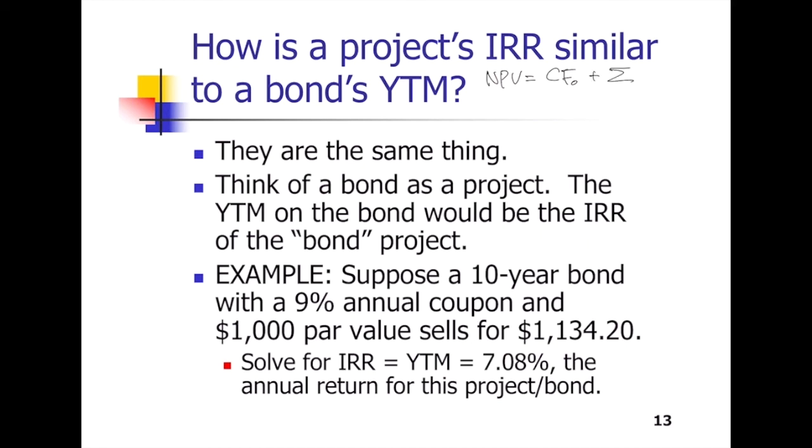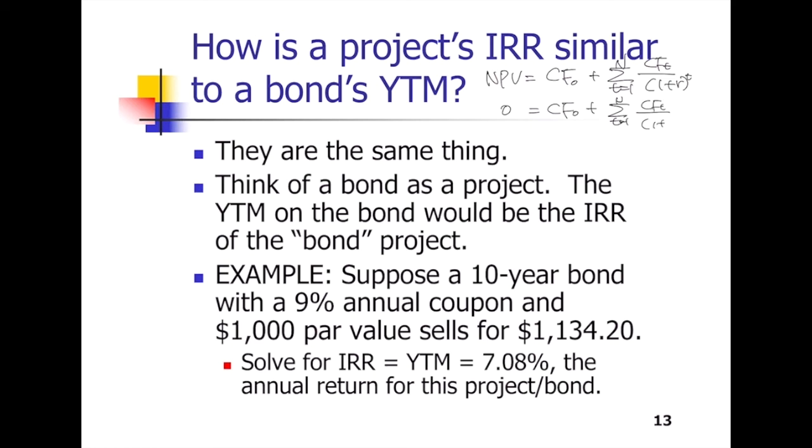And t equal to 1 to n means the life of the project, cash flow t over 1 plus r to the power of t, right? We can separate the cash flow here and here, right? In the IRR case, NPV goes to 0, and we can rewrite this equation.